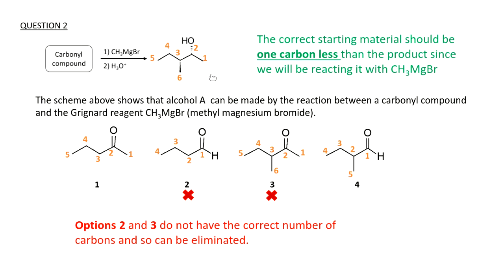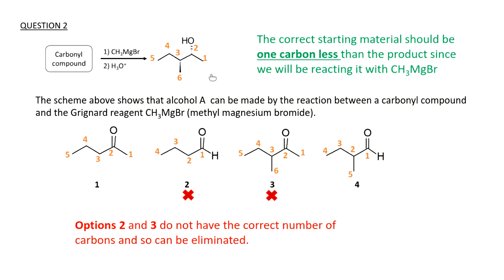So we can eliminate number 2. Number 3 already has 6 carbons, so if you add that Grignard reagent, you're going to end up with 7 carbons in your product. So we can eliminate carbonyl 3, which leaves us with carbonyl 1 and carbonyl 4.